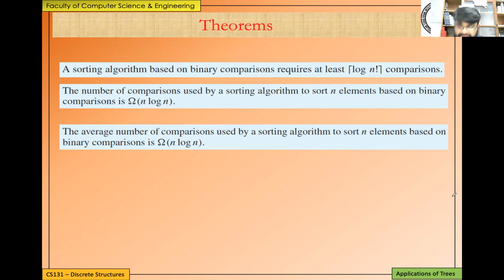That was what we did earlier when I made a binary tree based algorithm. The number of comparisons used by a sorting algorithm to sort n elements based on binary comparisons is big omega of n log n. What big omega is, we may discuss later, or if you know that, then it's absolutely fine. The average number of comparisons used by a sorting algorithm to sort n elements based on binary comparisons is again big omega of n log n.